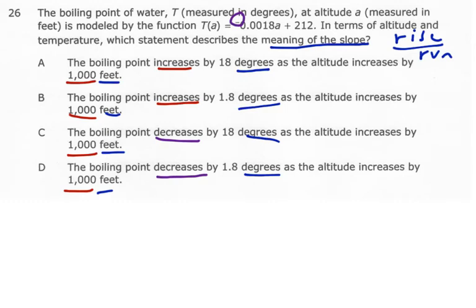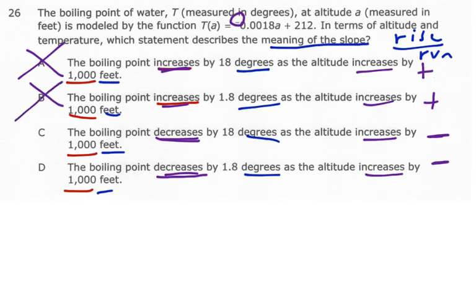That means as one thing increases, the other thing needs to decrease. Increase, increase, that's a positive slope. Increase, increase, that's a positive slope. Decrease and increase, that's going to be a negative slope. And decrease and increase, that's a negative slope. So A and B, see ya. You don't make any sense in this question. So now it's just between C and D.